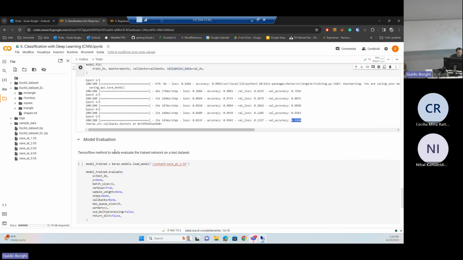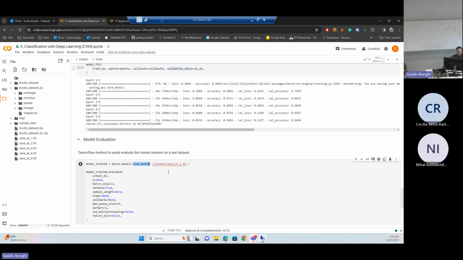Okay, we have trained our network. You can see that here we have also the weights of our network. And here you can see the number of epochs, 1, 2, 3, 4, 5. And here we can evaluate our model. The first thing to evaluate our model is to load the weights of our trained model.